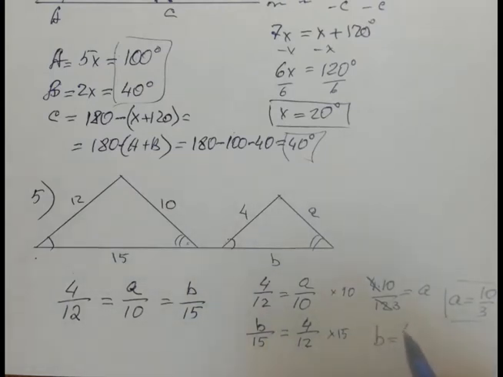Then B equals 4 times 15/12. To simplify the fraction, we divide by 4, numerator and denominator. 12 divided by 4 is 3. And then we divide by 3, numerator and denominator. 15 divided by 3 will be 5. B equals 5.